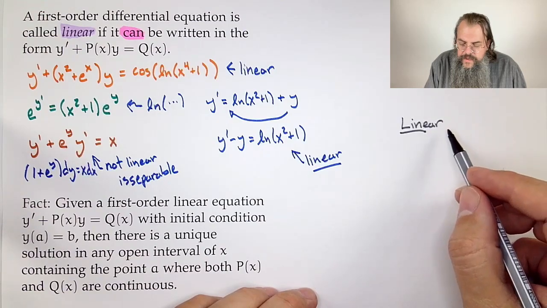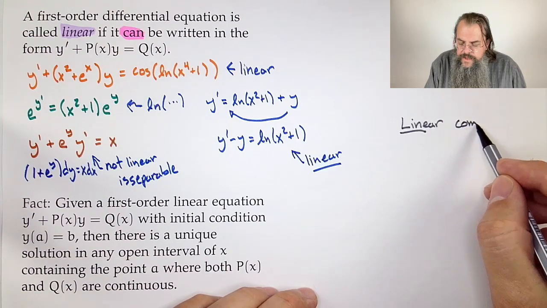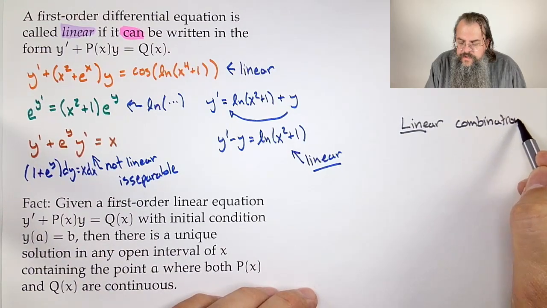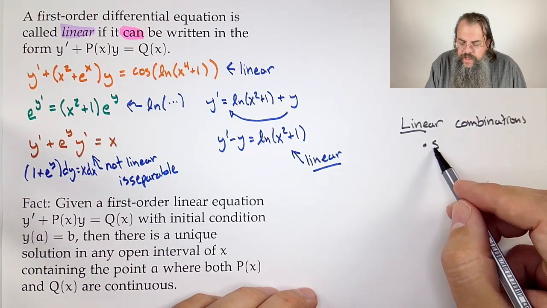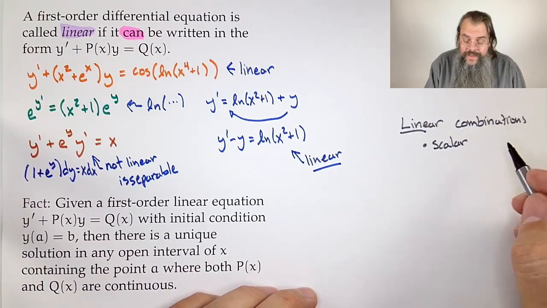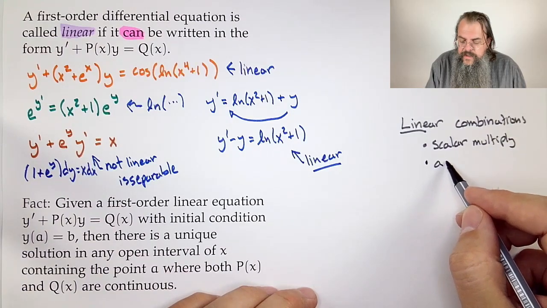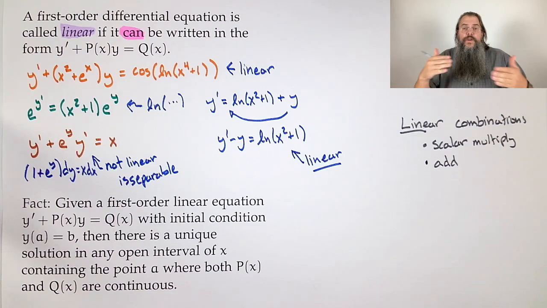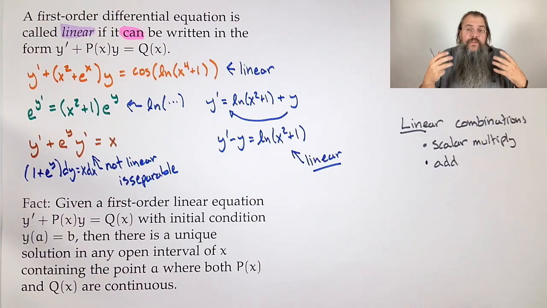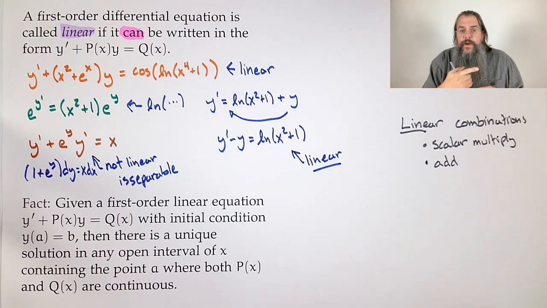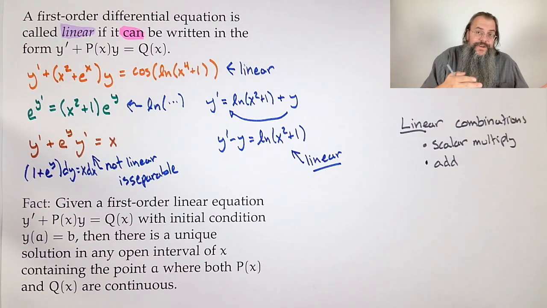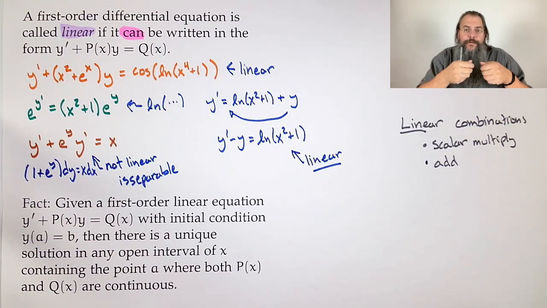Namely, when you think of linear, we think of linear combinations, which really says, look, we can do two things. We can scalar multiply, which means we can multiply by a number, and we can also add. So if we can do combinations of scaling by a number and adding, then we consider that a linear thing. And we like operations that respect these types of operations. We might have heard the phrase, derivatives are linear, integrals are linear, because they say, look, I respect addition.